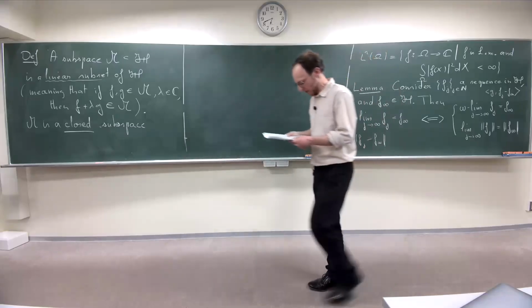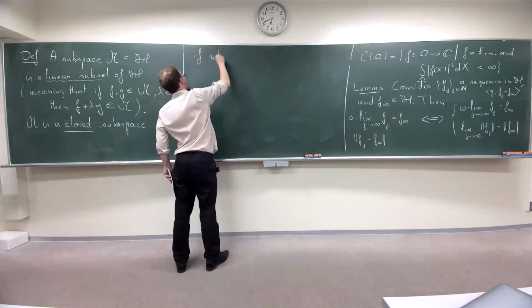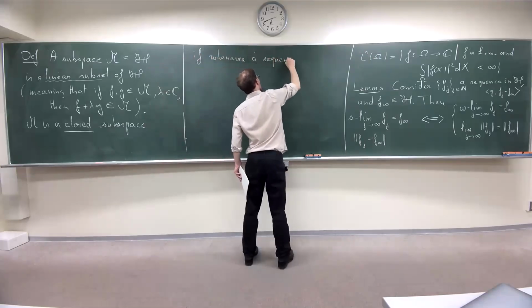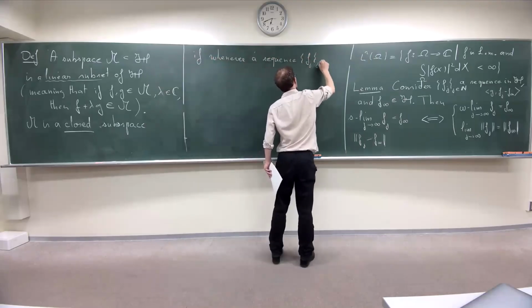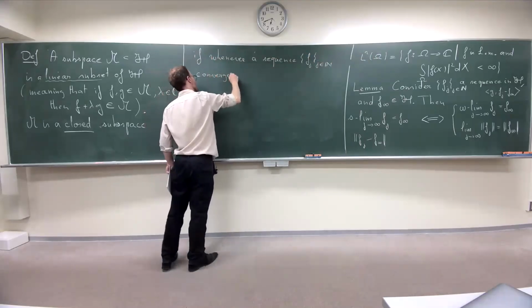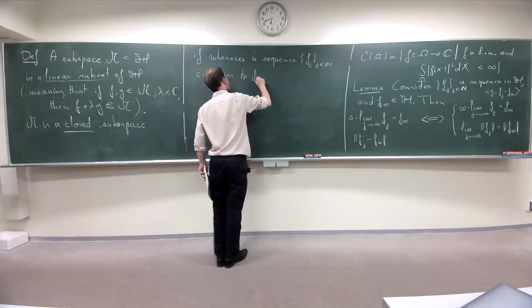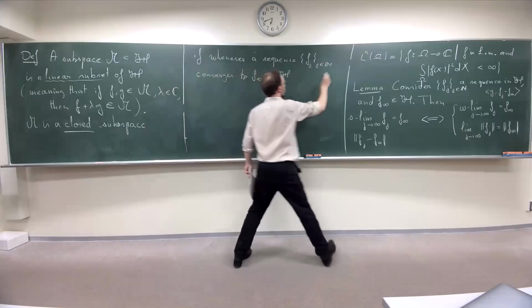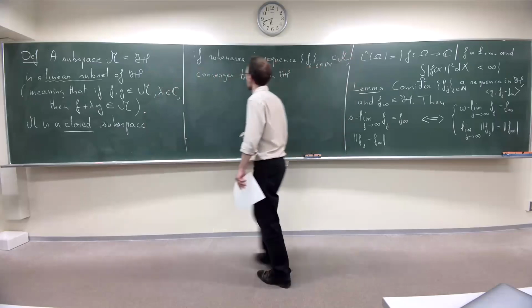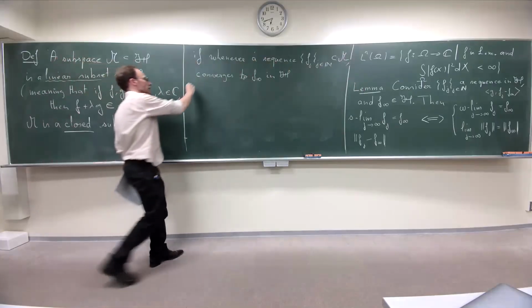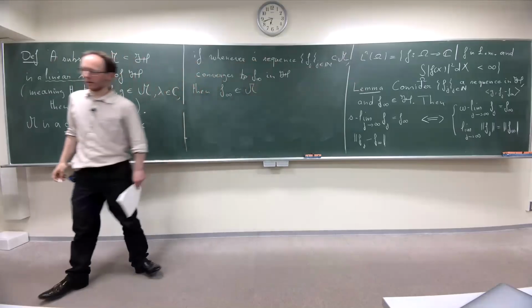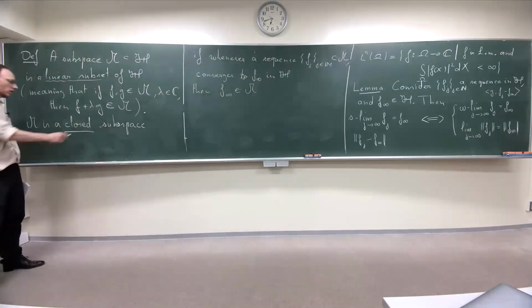So it's a closed subspace if whenever you take a sequence in M and it converges to F infinity in H, then F infinity is also in M. So let me explain the meaning. This is a notion of closed subspace.